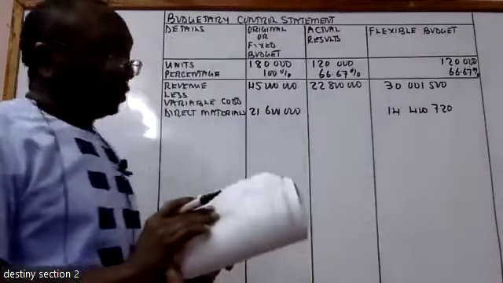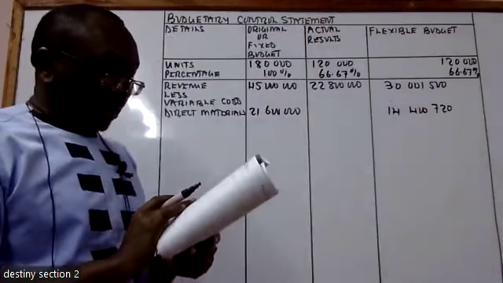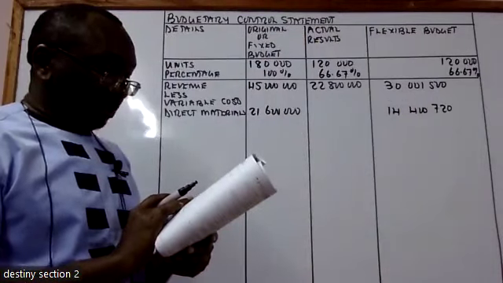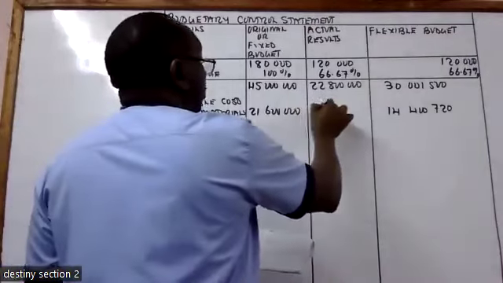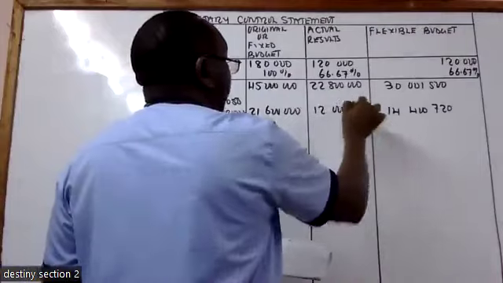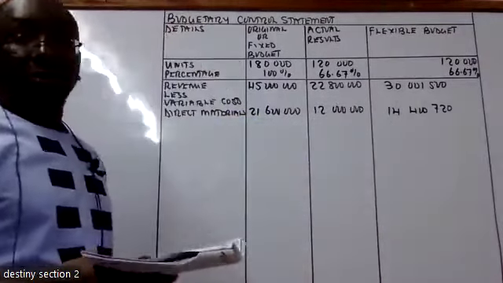Now for the actual, you go to the budget and find they spent 12 million. So for the actual results, it was 12 million.